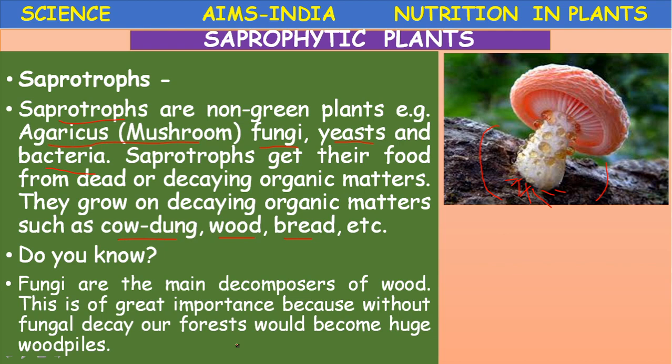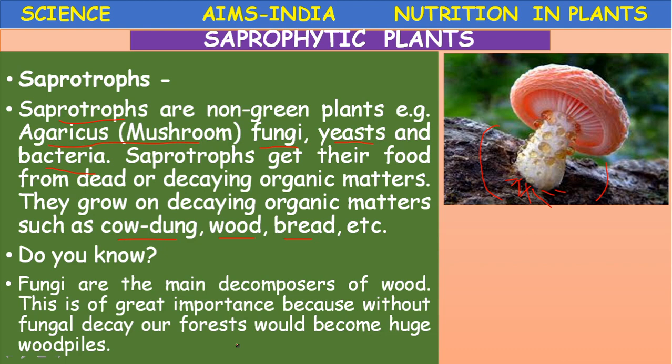The fungi and bacteria are called the scavengers on the earth. Scavengers, what is the meaning? They will clean. If nobody removes it, they do their duty. If a dead body is not buried, certain bacteria and fungi will decompose the dead bodies of birds and animals which die naturally in the forest.